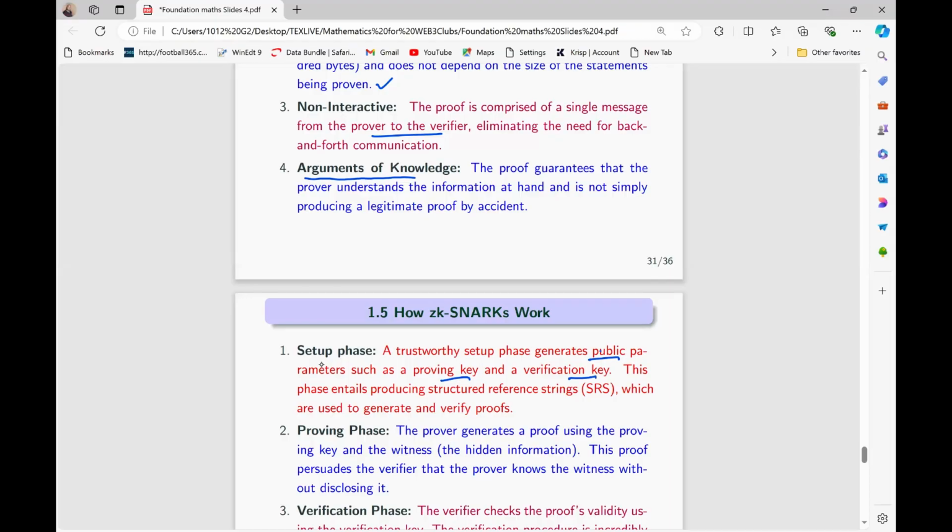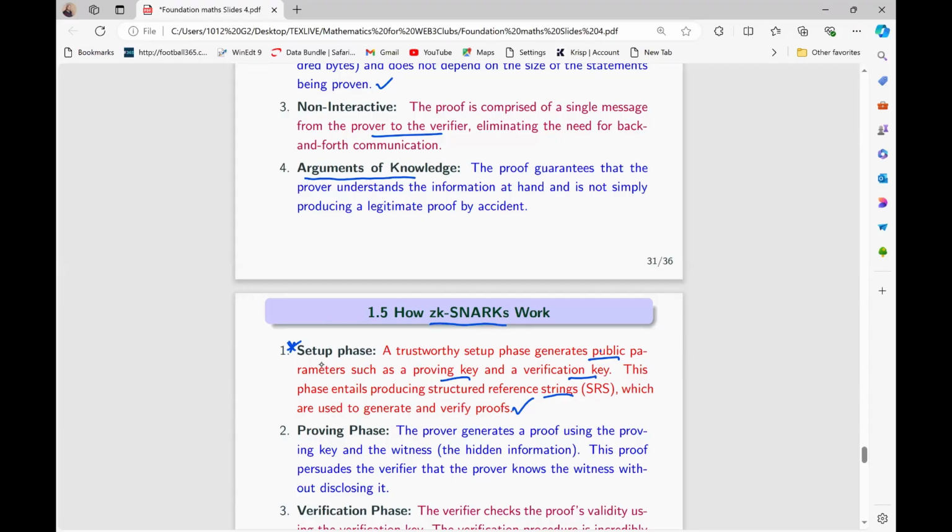This phase entails producing structured reference strings, which are used to generate and verify proofs. And remember, I've said that this setup here will form a disadvantage for zk-SNARKs. We shall see how it becomes a disadvantage.